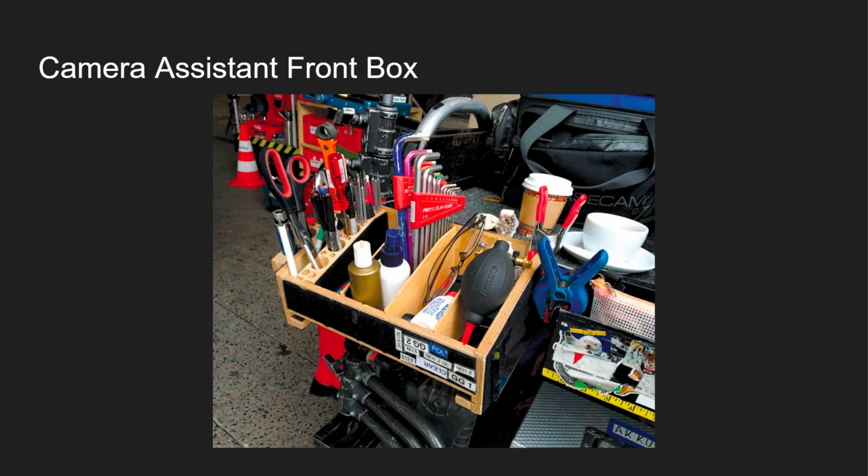This is a picture of a camera assistant front box. This box is designed to set on the front of a tripod, and it has all of the tools that are necessary for an assistant camera to do their job. So they have, as you can see here, a lens blower to blow off dust from the lens.